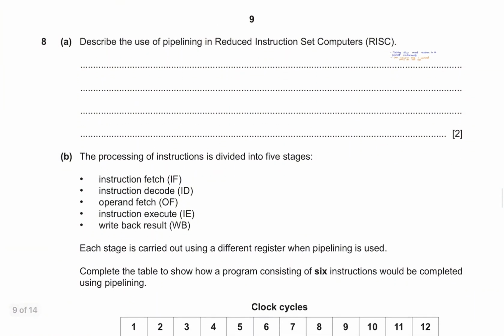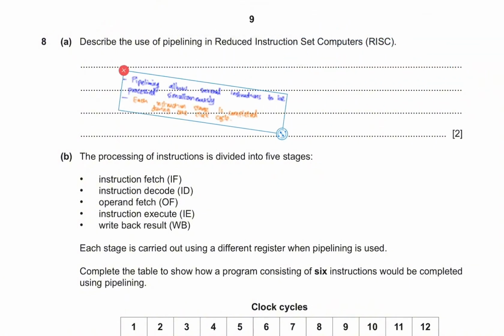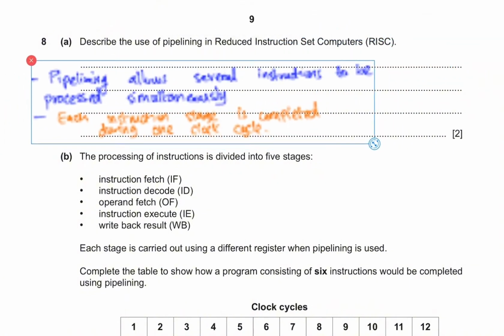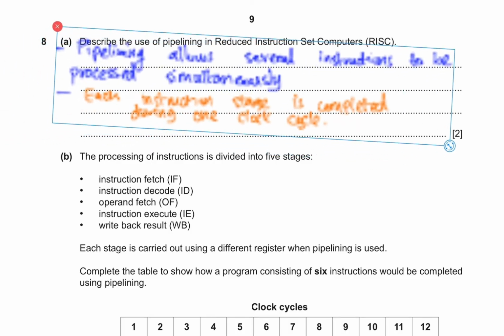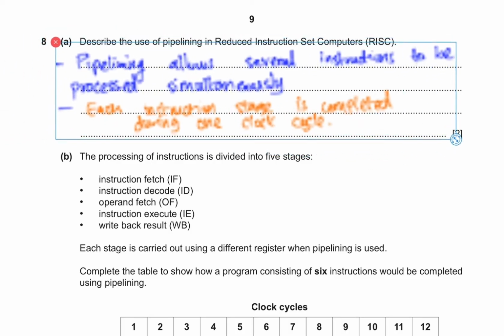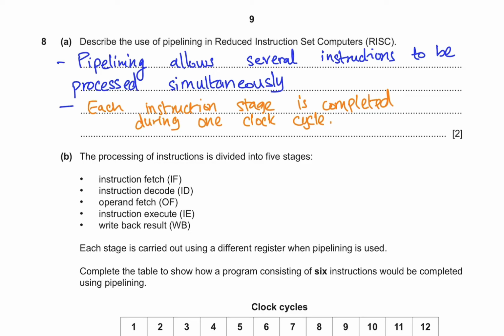Now describe the use of pipelining in RISC. So 2 marks, you just have to basically describe the pipelining function. Pipelining basically allows several instructions to be processed simultaneously.